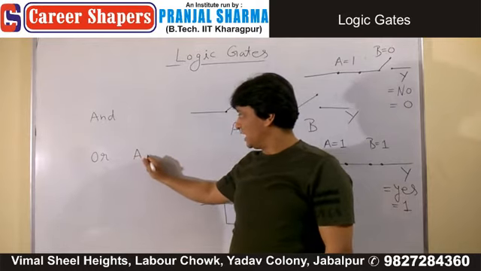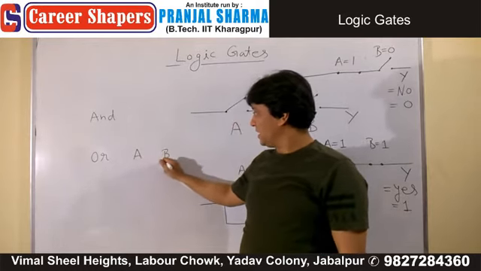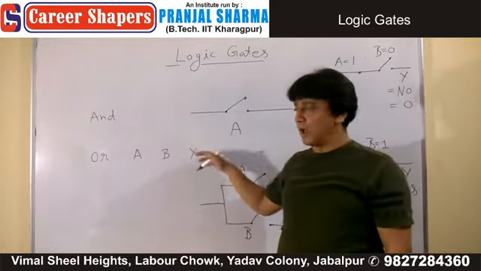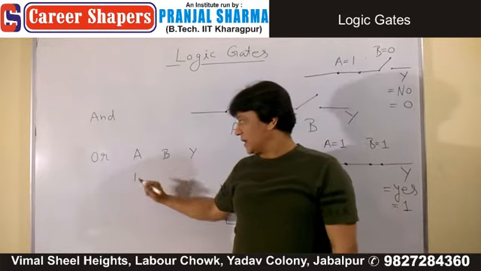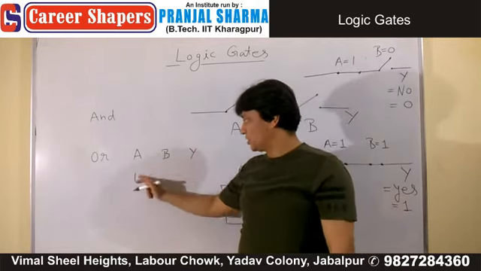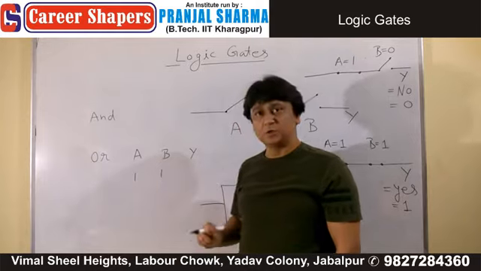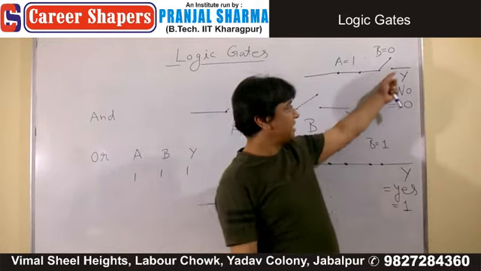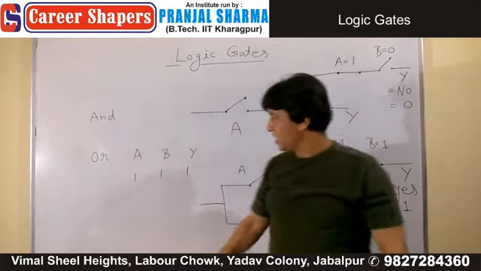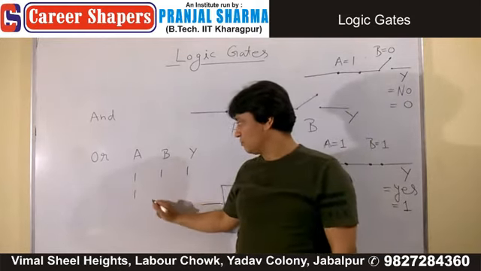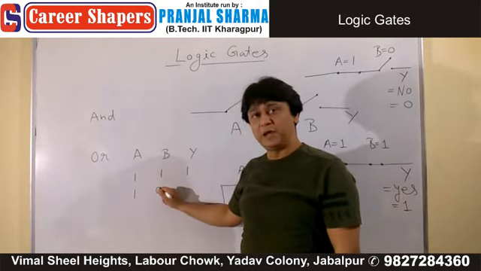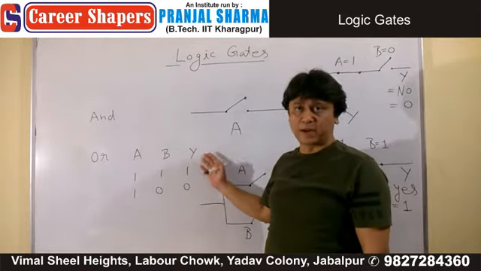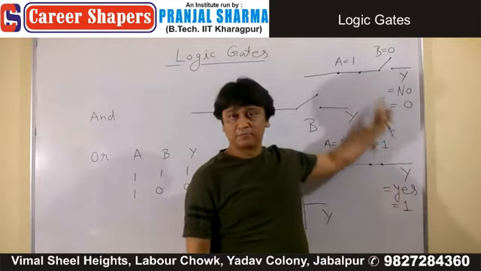So, what we are getting is a system like this. If someone says A, there is B, and we write the values of Y. Current is possible, and current is also possible at the final phase. If you allow current through A, but you do not allow current through B, then you do not get any current at the final output place, which is this.